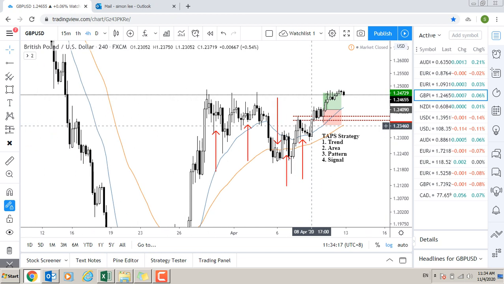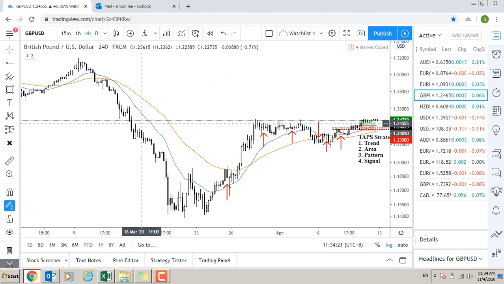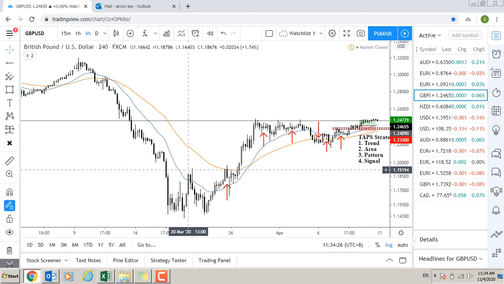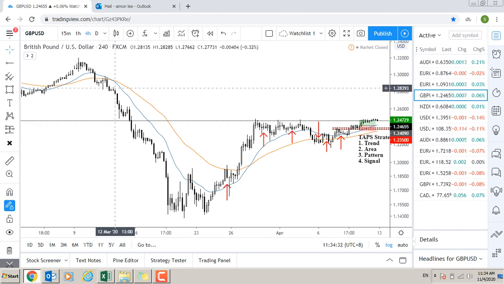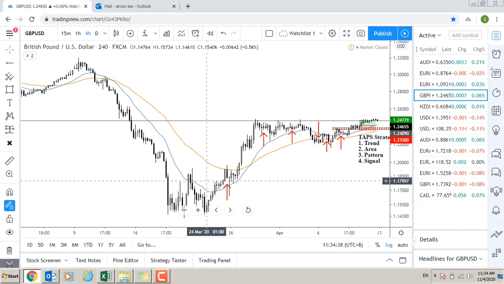Okay, for example, if you look at this, there's no touching on the EMA until this. So my question is, would you want to trade this? To me, I choose not to, because in the past history I don't have any rejections shown from this EMA line. So it's quite risky to take this.